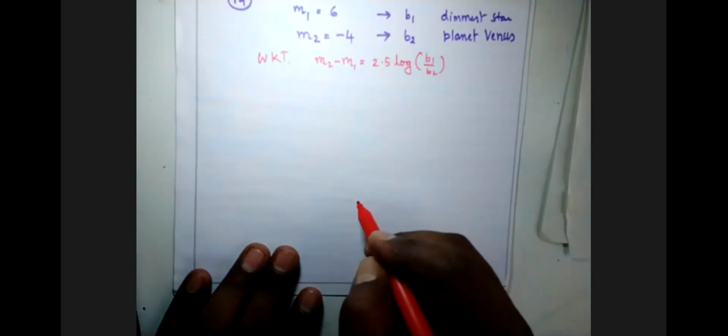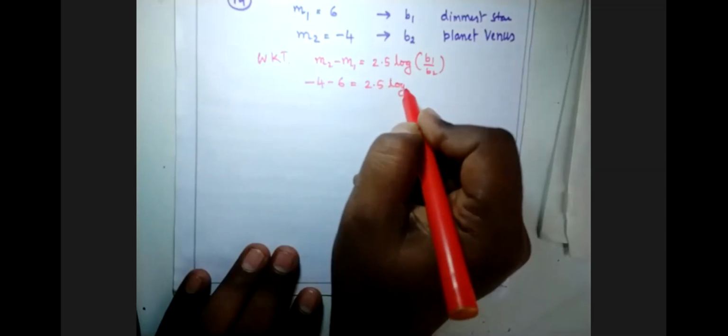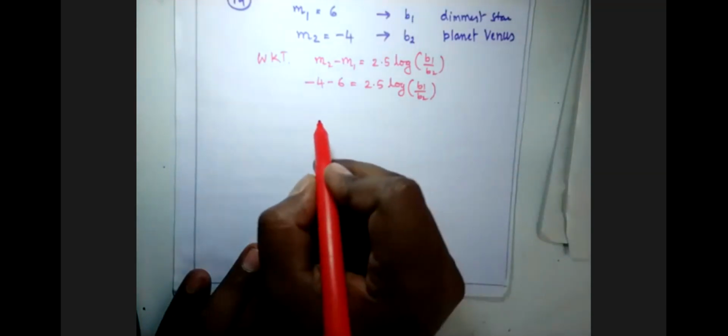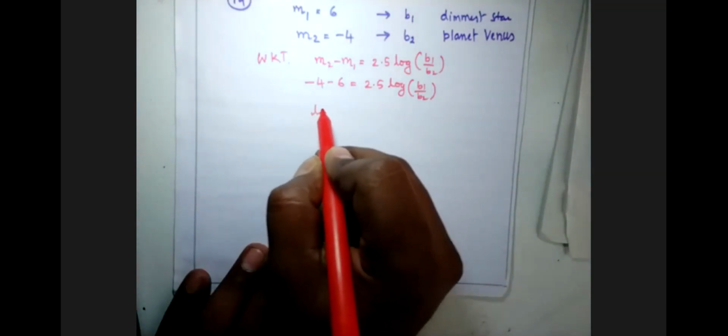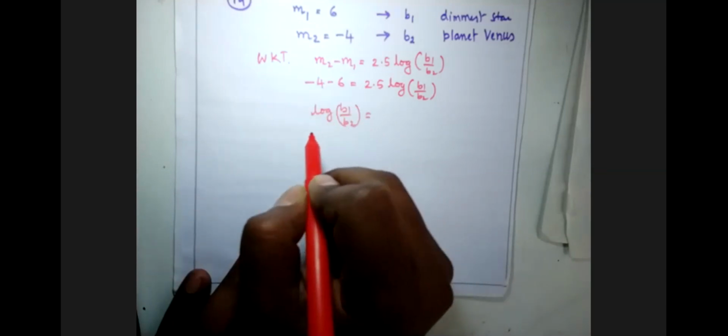Substituting the values, -4 minus 6 is equal to 2.5 log of B1 by B2. And this implies log of B1 by B2 is equal to -4.